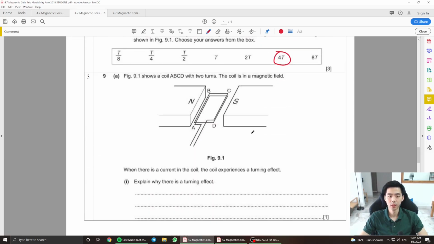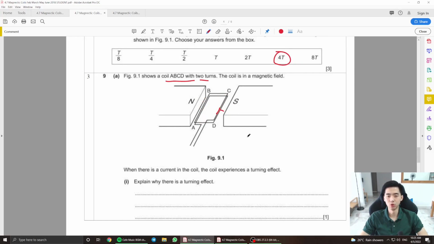Alright. Moving on to the next question here. Figure 9.1 shows a coil AB with 2 turns. The coil is in a magnetic field. When there is a current, the coil experiences a turning effect. Explain why there is a turning effect once again, and this time it is only 1 mark. The long answer is that the current produces its own magnetic field which interacts with the permanent magnet's magnetic field and generates a force upwards and downwards, right?